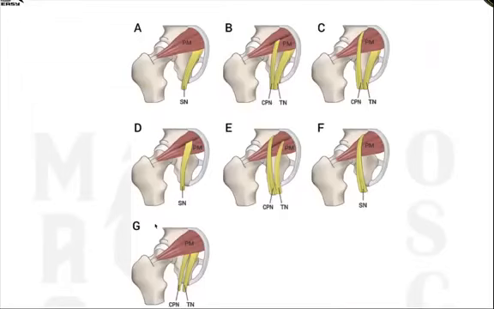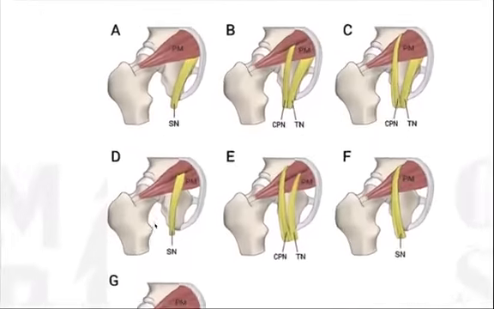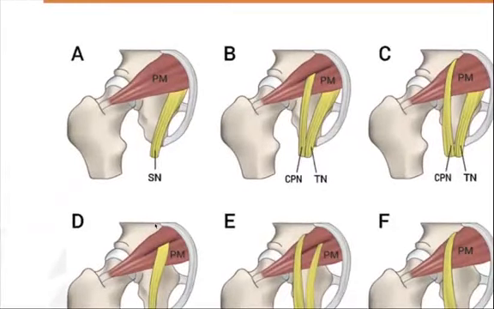So normally, in a normal patient, the sciatic nerve will be emerging by the greater sciatic foramen, and it is bound together in a single connective tissue sheath, and they will be emerging below the piriformis muscle.